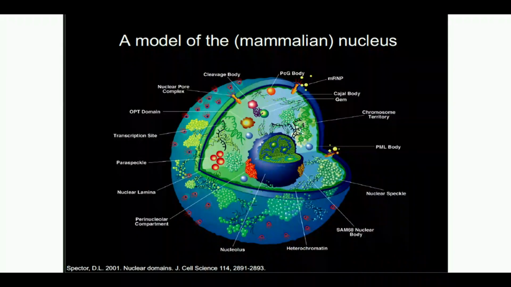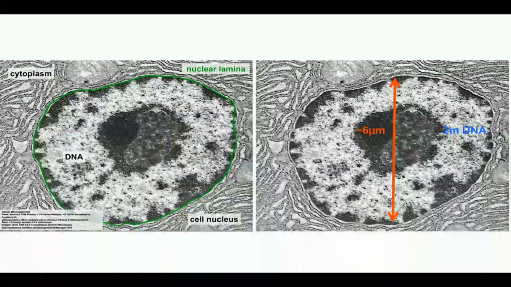In our mammalian cells, the DNA is located inside the nucleus, which is at the center of the cell. Our cells are super small, and our nucleus is even smaller, but it has a lot of information, which if you extend it, can be 2 meters long.